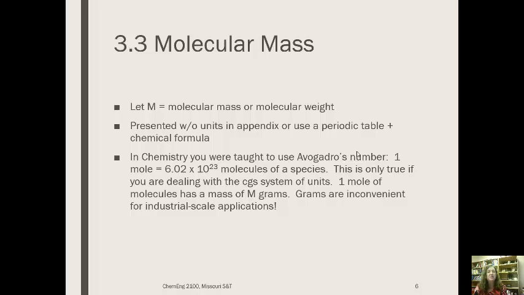Okay? Now that's true, but the number of molecules that make up a mole is only true with the CGS system of units. That's the one that uses grams, okay? Now, grams are really not handy if you're talking about things on an industrial scale. If you want to know how many grams in a 5-pound bag of flour or something like that, then that's not an outrageous number.